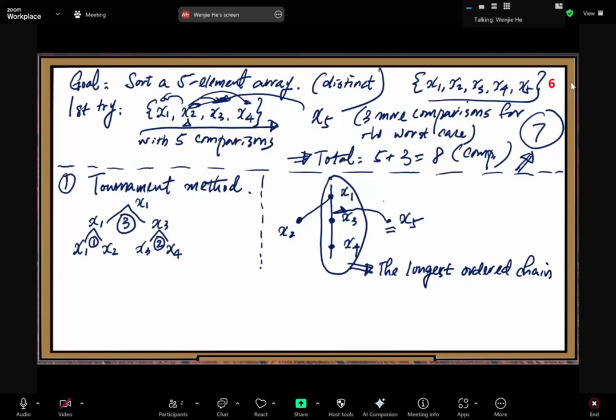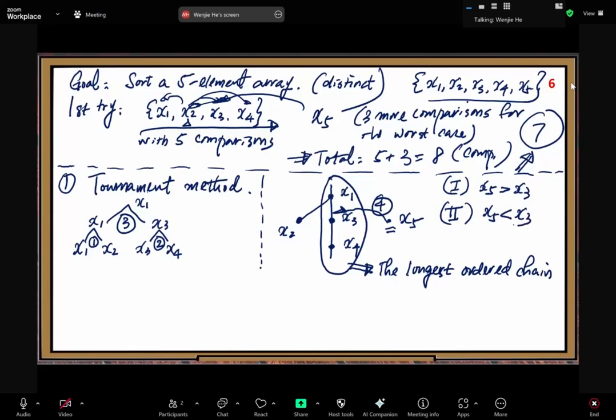The median is x3. That's comparison number 4. You have 2 cases. Case 1, x5 greater than x3. Case 2, x5 less than x3.